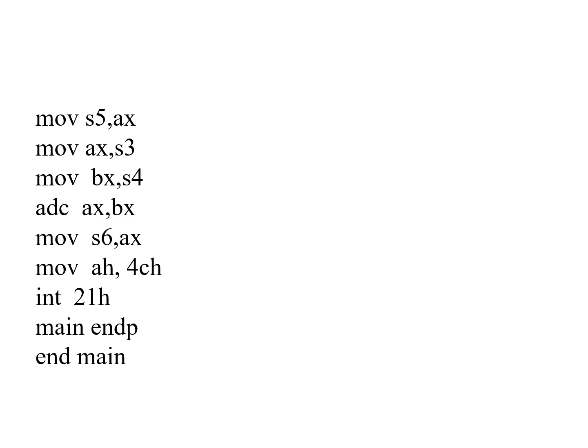ENDP is nothing but the procedure ends. We have to indicate that the procedure ends. Already we have seen that the addition procedure ends, and END MAIN means that the main procedure ends. That is why these assembler directives are used. Thank you, students.